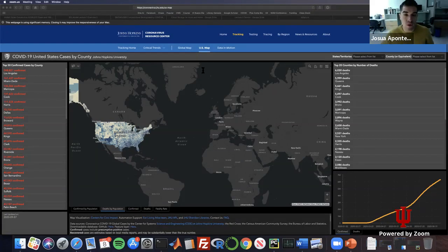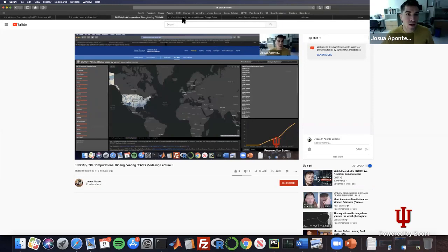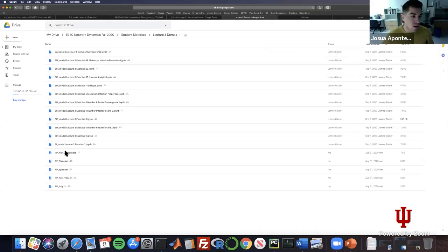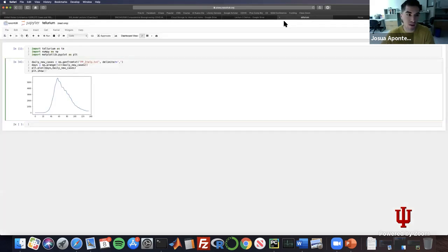In the Google Drive, I've uploaded a couple of different data sets from 5 different places: New Zealand, China, Spain, New York, and Italy. We can use that to see how the curve of the daily new infections is occurring, and use that to estimate a couple of the parameters in the SIR model. Eventually, later on, we will try to fit those parameters as well.